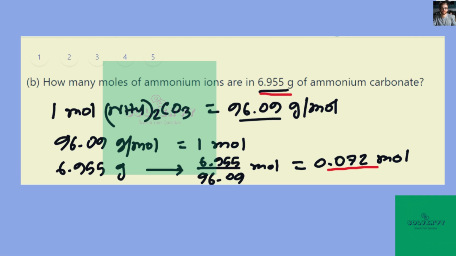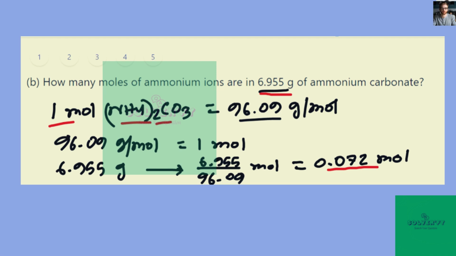So this is the number of mole for this mass of ammonium carbonate, and since 1 mole of ammonium carbonate contains 2 mole of NH4 ion, because in 1 molecule of ammonium carbonate we have 2 ions of ammonium. That means 1 mole of ammonium carbonate will contain 2 mole of ammonium ion.